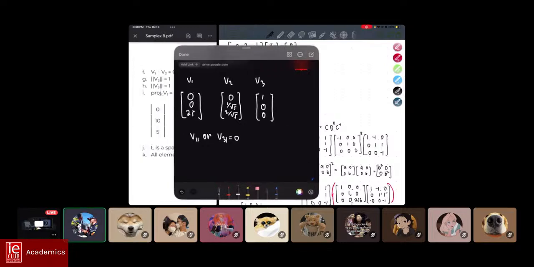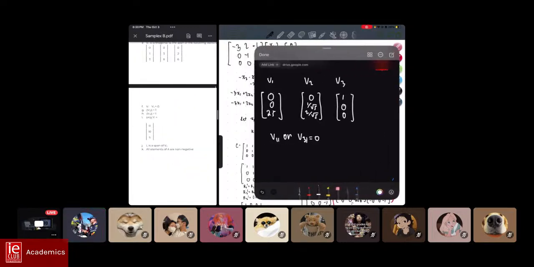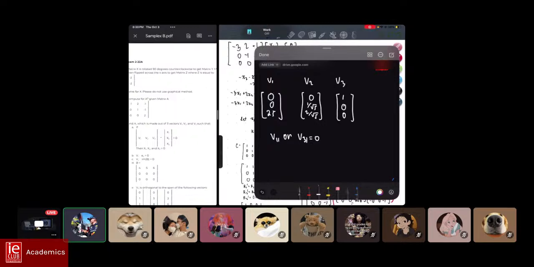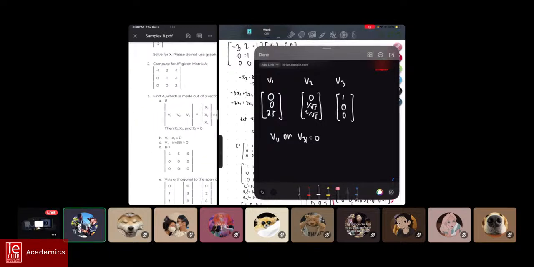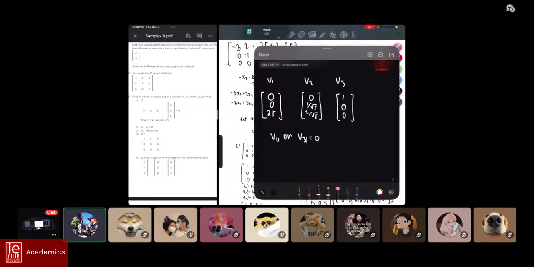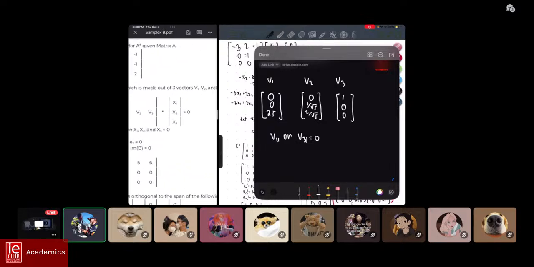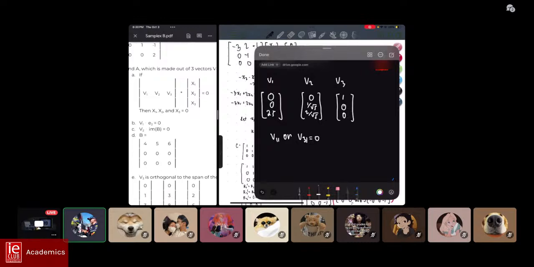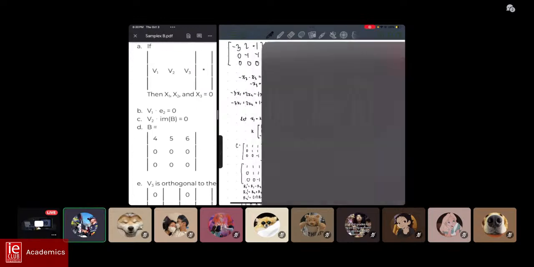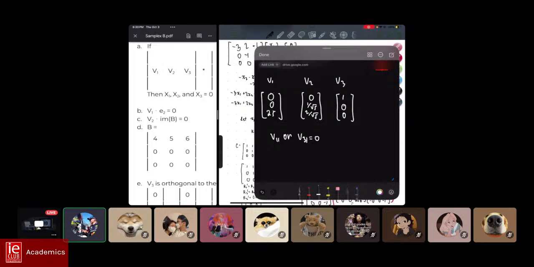What we can do now, just as a final check, is to run through the conditions again and make sure they all satisfy. At A, anything satisfies this because x1, x2, and x3 are 0, so this gives us no information. V1 times E2, or J hat, is 0. Quick check, 0, 1, 0.